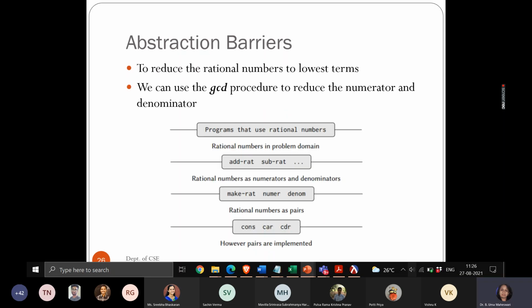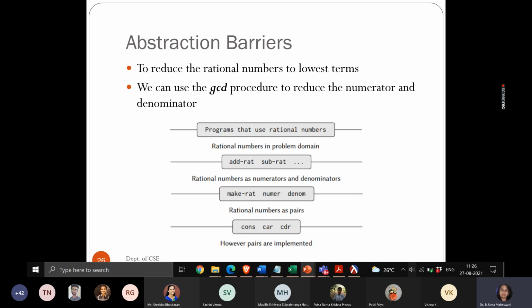That is what we are doing here. I wanted to change the logic of make-rat just by modifying it, without modifying add-rat. That is the concept of abstraction. Add-rat does not worry about what logic you have included in make-rat.